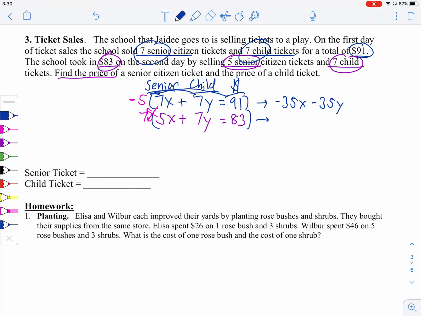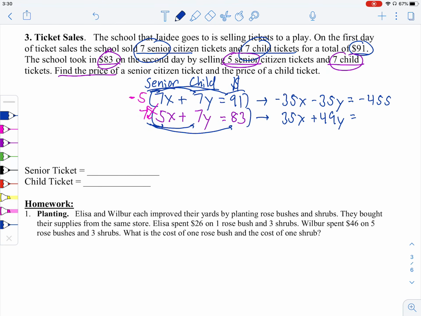Negative 5 times 91, negative 455. And then distribute the 7, 35x, 49y, 83. So 7 times 83, 581.